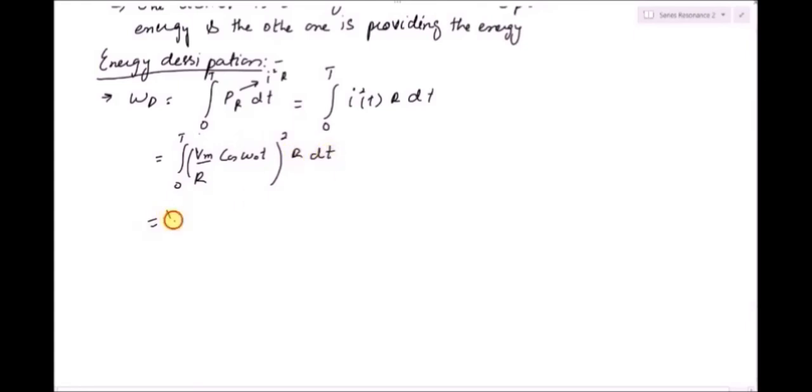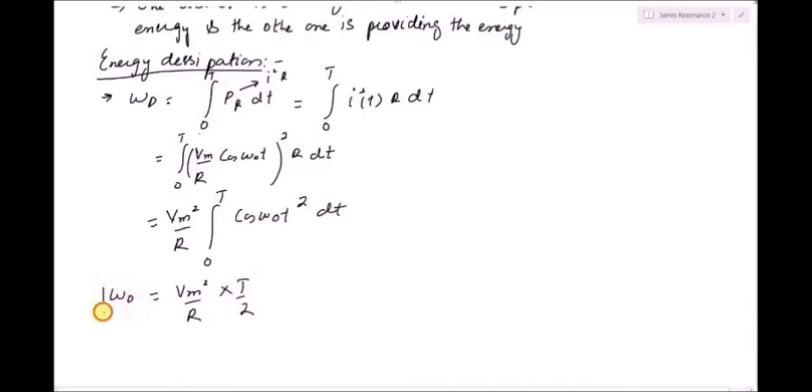So it will be Vm square over R integral 0 to T of cos omega naught t square dt. After solving this integral, the final value will be Vm square over R into T by 2. So that is the energy that will be dissipated across the resistor or across the whole RLC circuit.